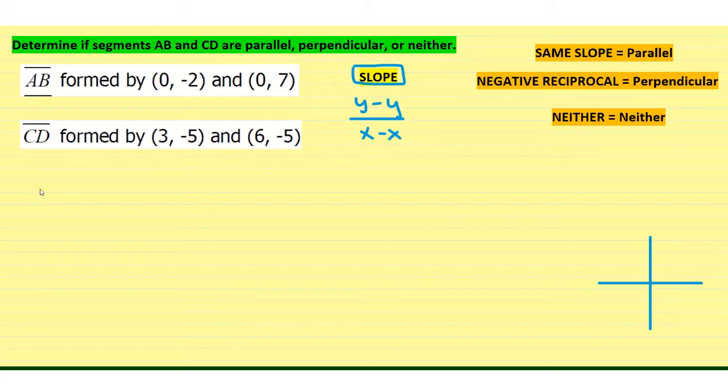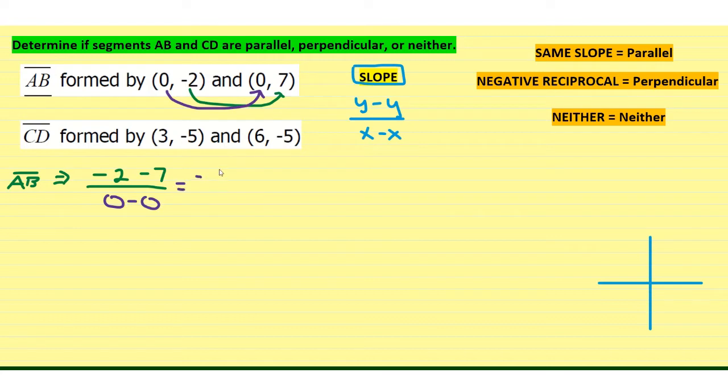So for our first line segment AB, we are going to calculate the slope, and that would be -2 minus 7 in the numerator, and then we're also going to calculate the difference of the x's in the denominator, so 0 minus 0 in the denominator.